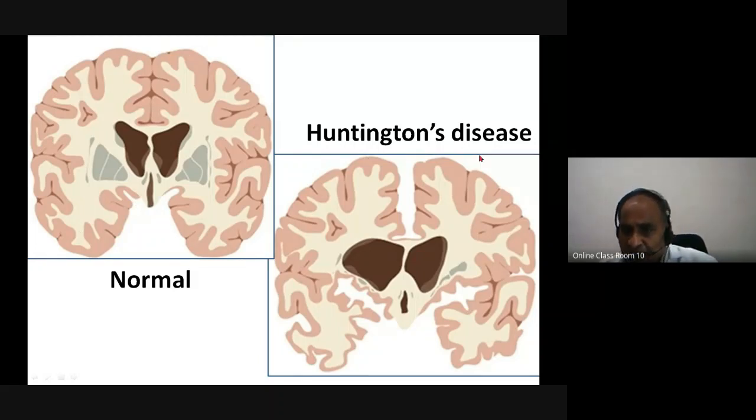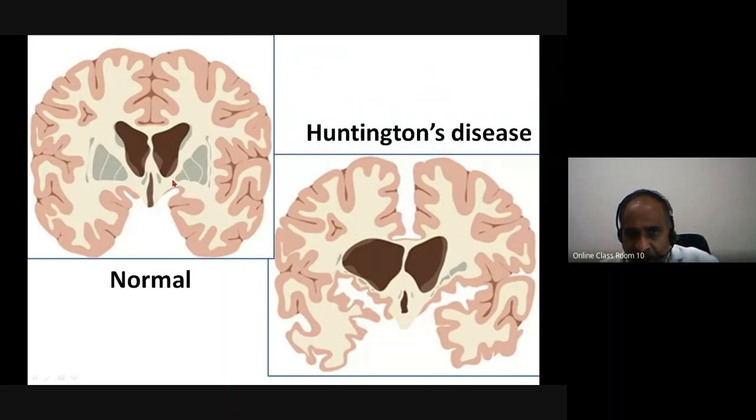Whereas in Huntington disease, you just see that this part is the ventricle, and now this ventricle is expanded on both sides. Maybe the expansion is not uniform on either side, but it is more on the left side and less on the right side. But what is happening?